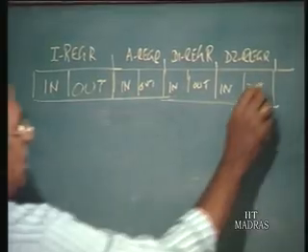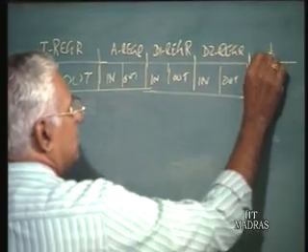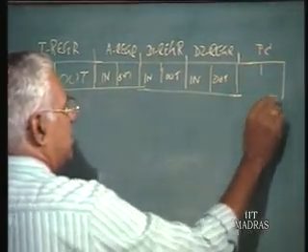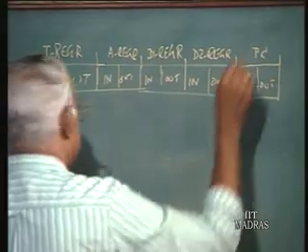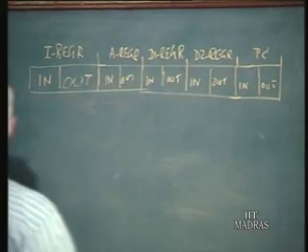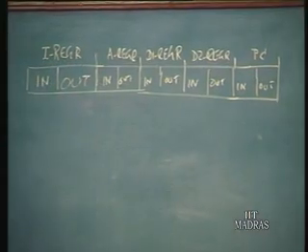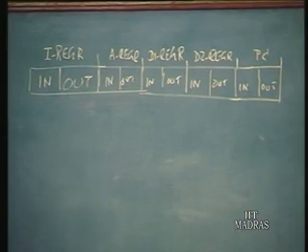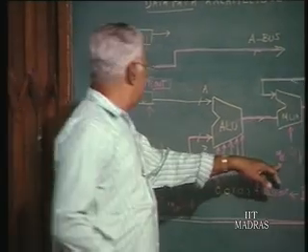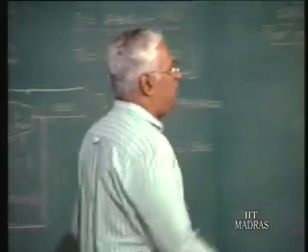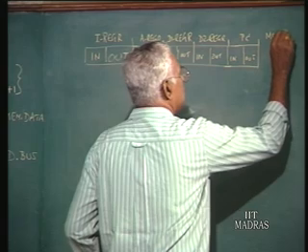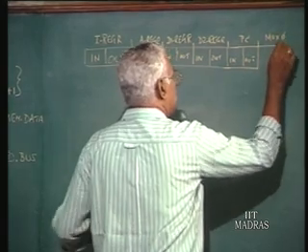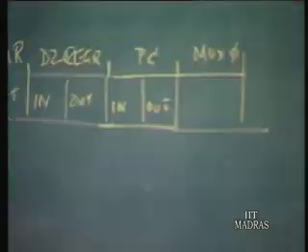Then we have the PC, again in and out. Then we have, did we call anything specifically here? No. We'll call this mux 0 and that as mux 1. So we have mux 0, that's only one particular bit.